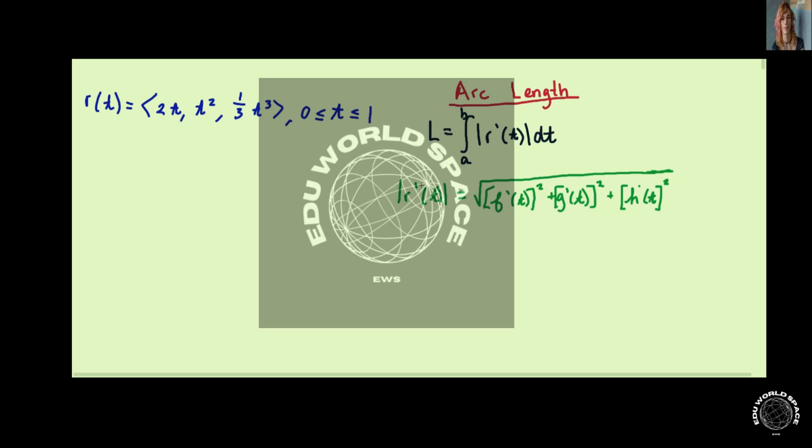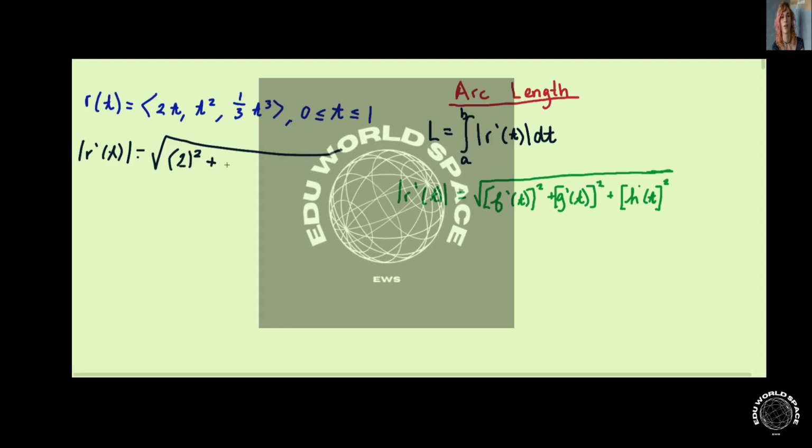So I'll start off by finding the magnitude of this vector. So what I'll do is take the square root of the square of each of these derivatives. The derivative of 2t is 2, and I'll just square that.